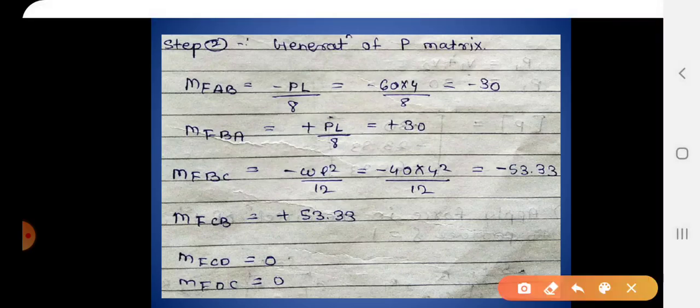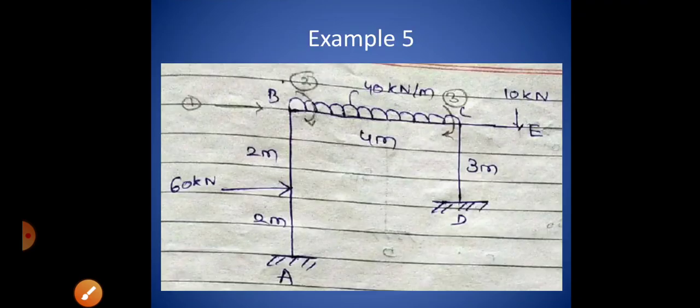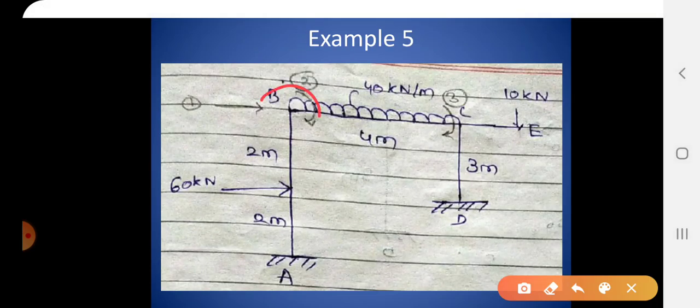For that purpose, we first have to find MFAB, central point load on column AB, therefore minus PL by 8, MFBA plus PL by 8, MFBC due to UDL minus WL square by 12 plus WL square by 12, and there is no loading on column CD, therefore 0. Now we will see what the value of P1 is just after this. Now what are P2 and P3? You can see here in your loading diagram. Theta B is the second redundant, and the moment at B will have the P2 value.